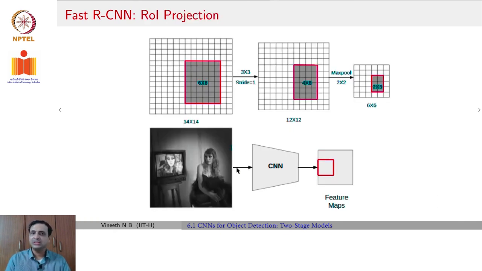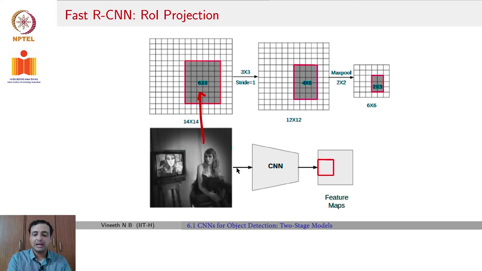So now, how is the region of interest projected? So we said that you take these region proposals that are outputs of the selective search approach and map them into the feature maps. How would you do that? If this was one of your region proposals, let's assume that the 6x8 patch was a region proposal in your original image.